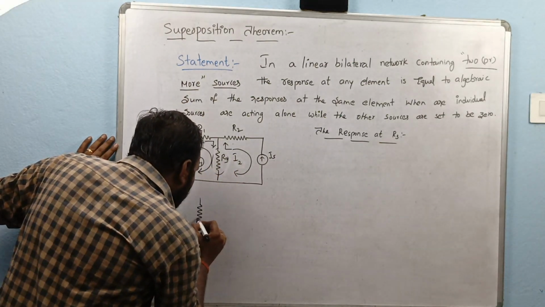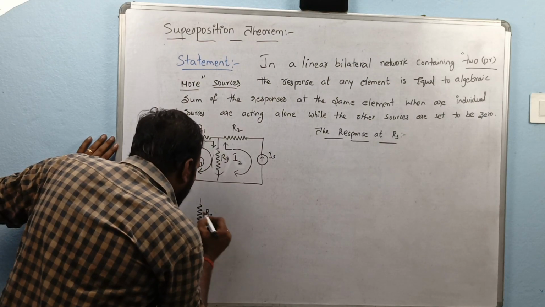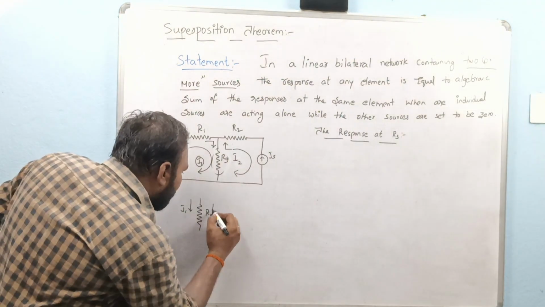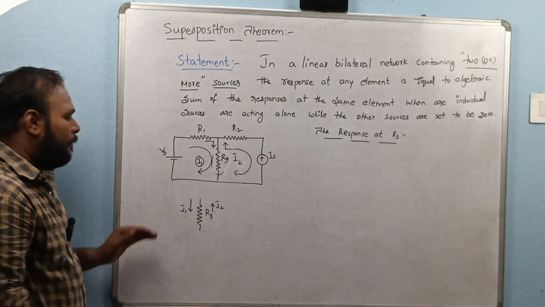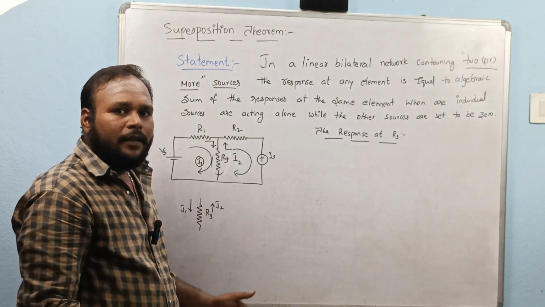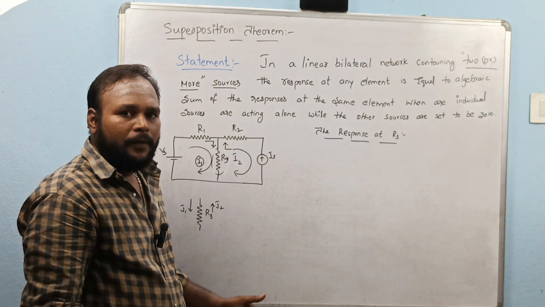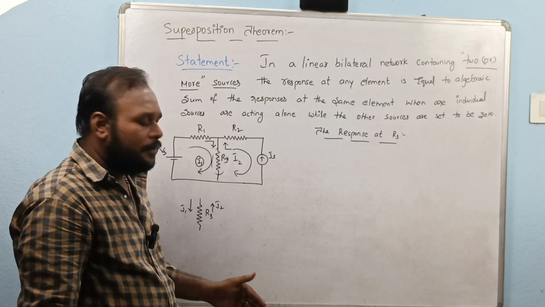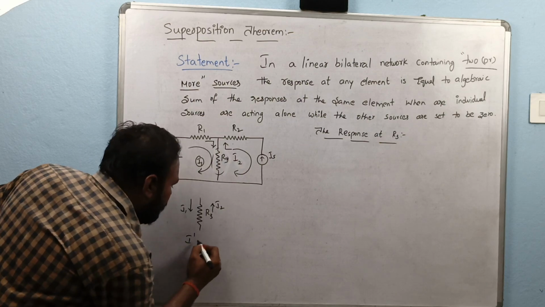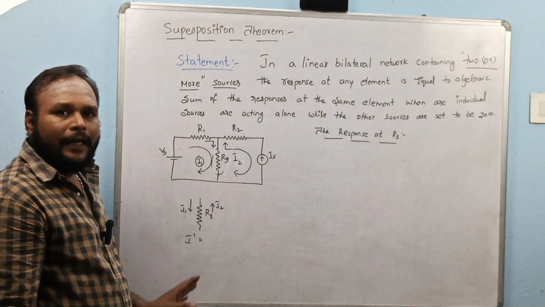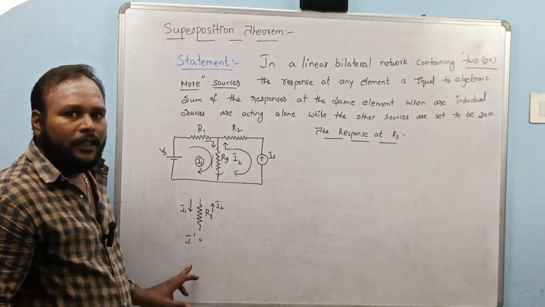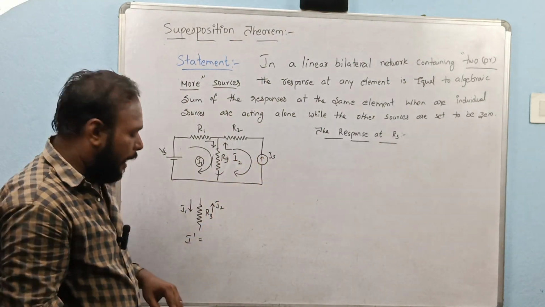See, it is R3. In this loop, current I1 is from top to bottom, and I2 is like this. That means both currents are in opposite direction to each other. So the response across the element R3 is I dash, when both sources are acting at a time.